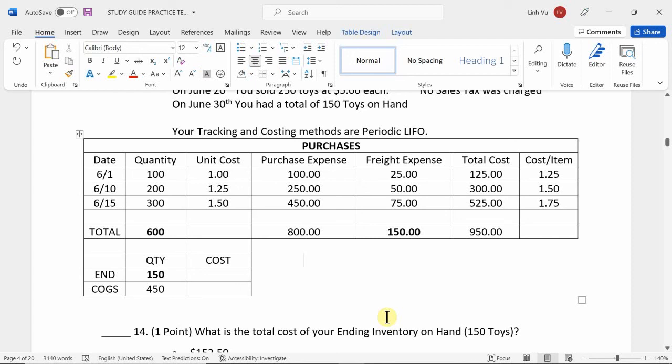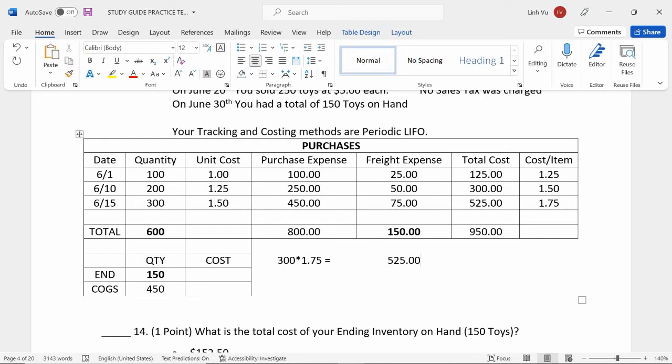This is where you apply your LIFO. If I'm doing LIFO, which batch of inventory am I going to sell first? The June 15th. So 300 at $1.75 comes to $525, so that's already 300 that we got rid of.